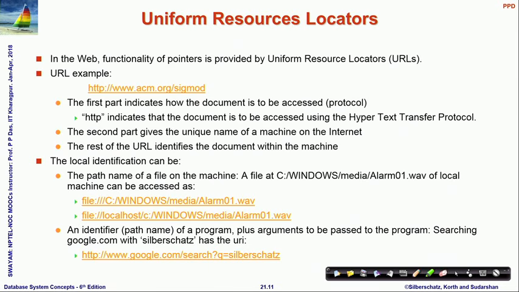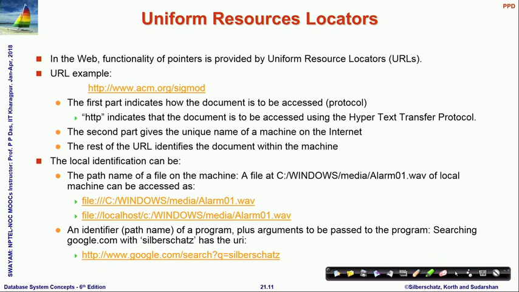I have shown two ways to look at that, and between the two forms, if you look at the second form, you can easily understand that the machine to be identified is called the localhost, and in the first form that part is missing because it is by default the machine where I am running this code, and the rest of it is the same, which is basically identifying the document to be located in that machine.